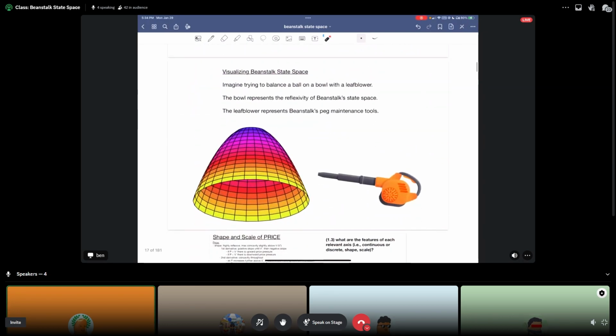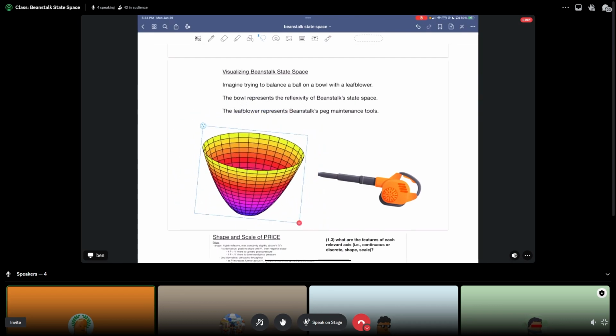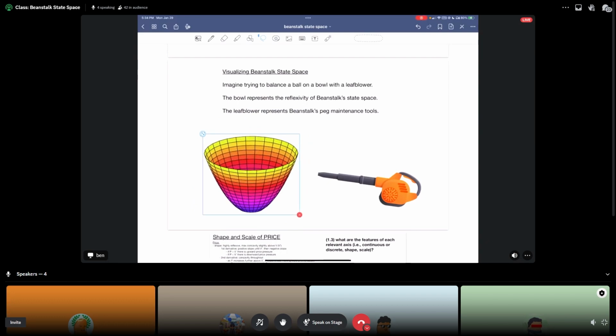But when it comes to shape, the question is, is it like this, or is it like this? Is it anti-reflexive? So imagine if Beanstalk were solving an anti-reflexive problem, and the higher price got, the more it just naturally trended back towards peg, sort of like a collateralized stablecoin that is redeemable.